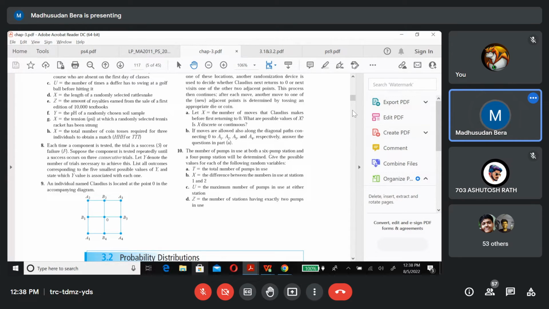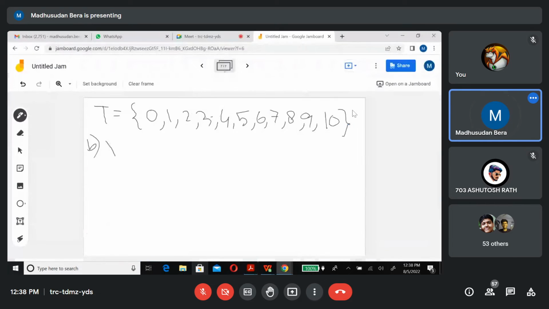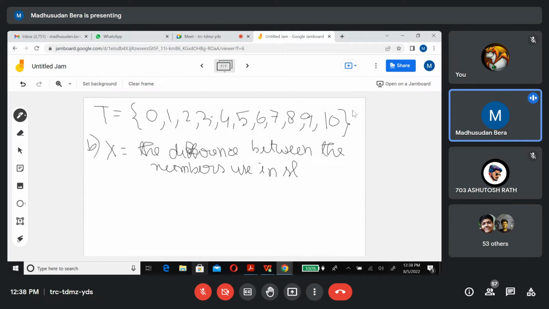Station 1 means the 6-pump station, and station 2 means the 4-pump station. Suppose at station 1, A pumps are working and at station 2, B pumps are working.